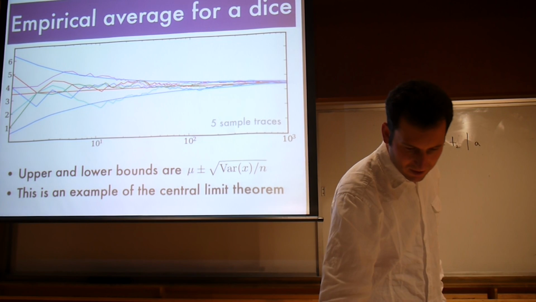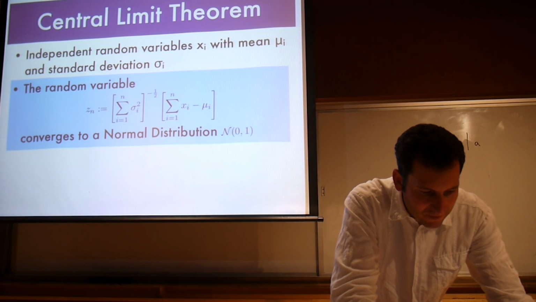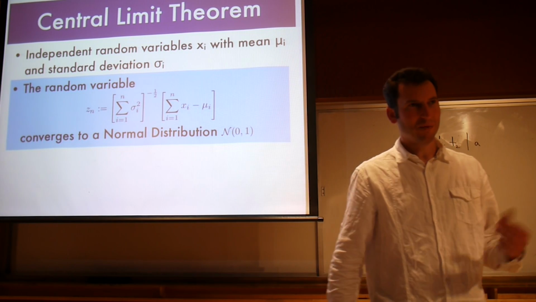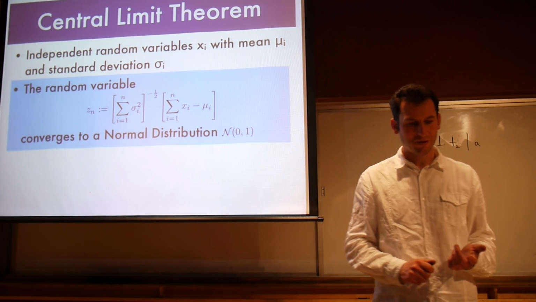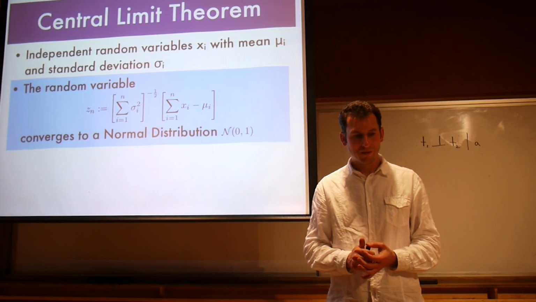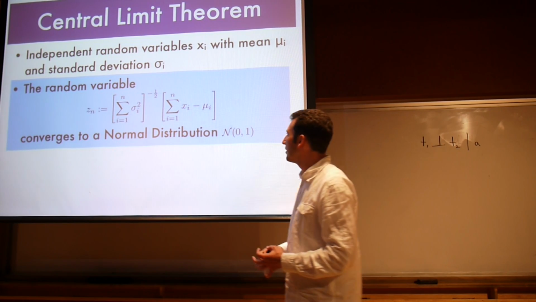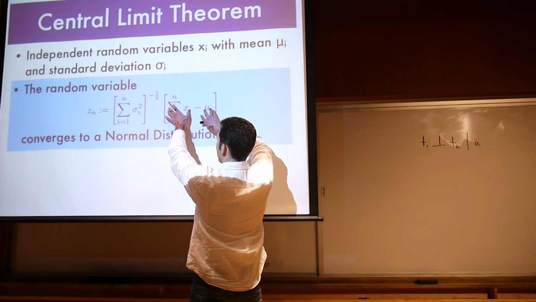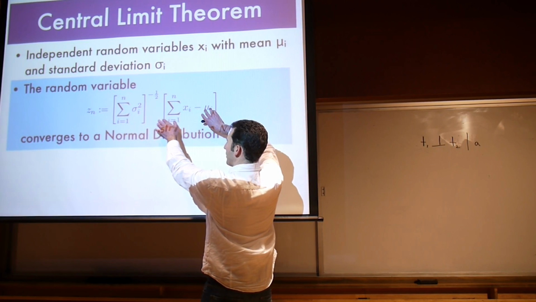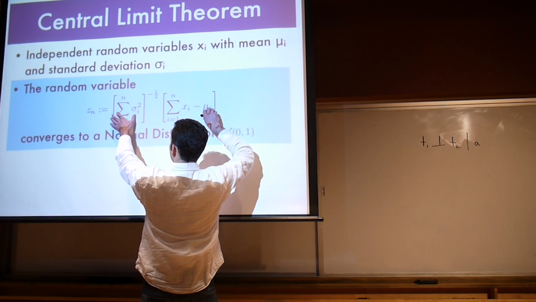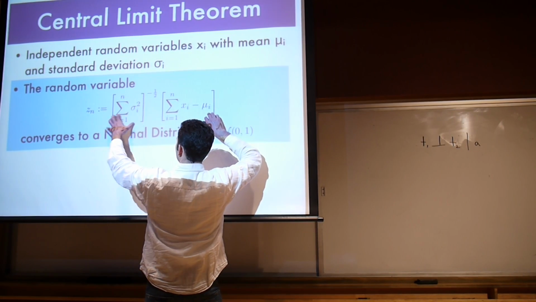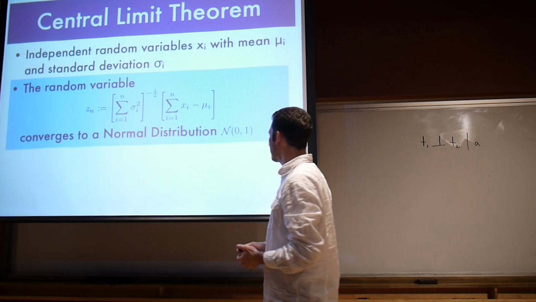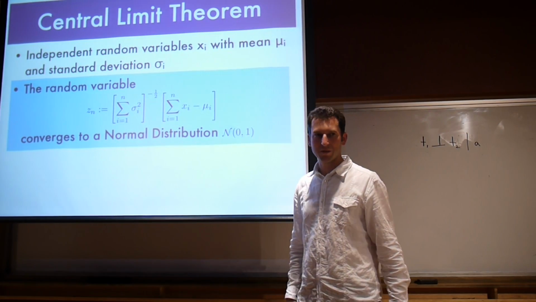And here's the central limit theorem. So basically I have independent random variables with some mean mu and standard deviation sigma. So the random variable here, which is basically empirical average minus mean, divided by, here's the variance, but square root of that, so that gives me the right scale, converges to a normal distribution with zero mean and unit variance.